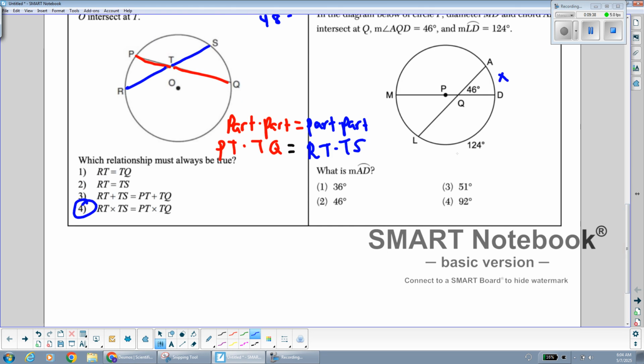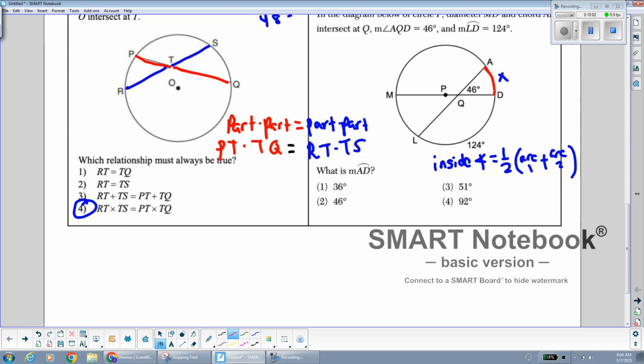So I'm going to write that here. The inside angle, you can also think of it as the vertical angles created by the intersecting chords. The inside angle in the circle is equal to half the sum of the intercepted arcs.